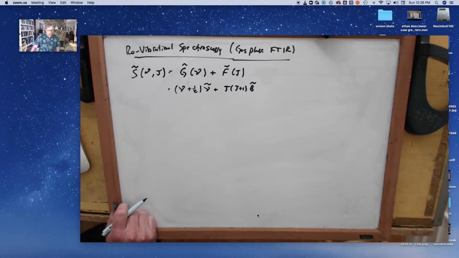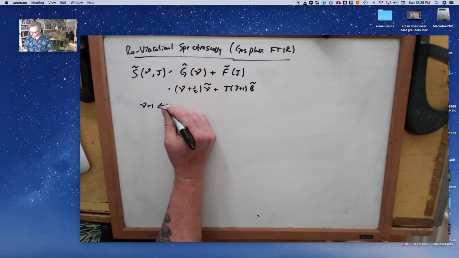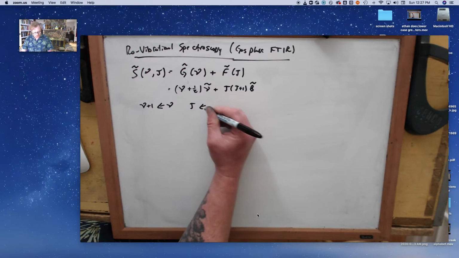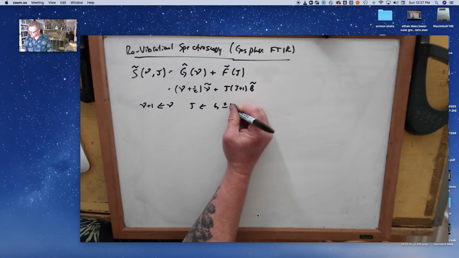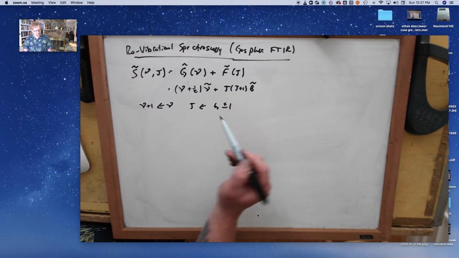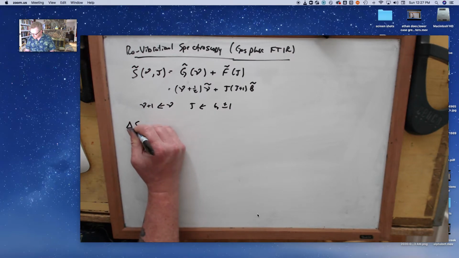Okay? So when we go from nu to nu plus 1, J changes by plus or minus 1. So again, we can't stimulate a vibration without stimulating a rotation. And so what ends up happening is the following.